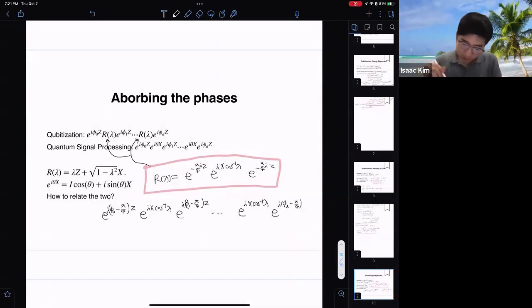Of course, we changed the angles, but remember the angle was a variable anyway.